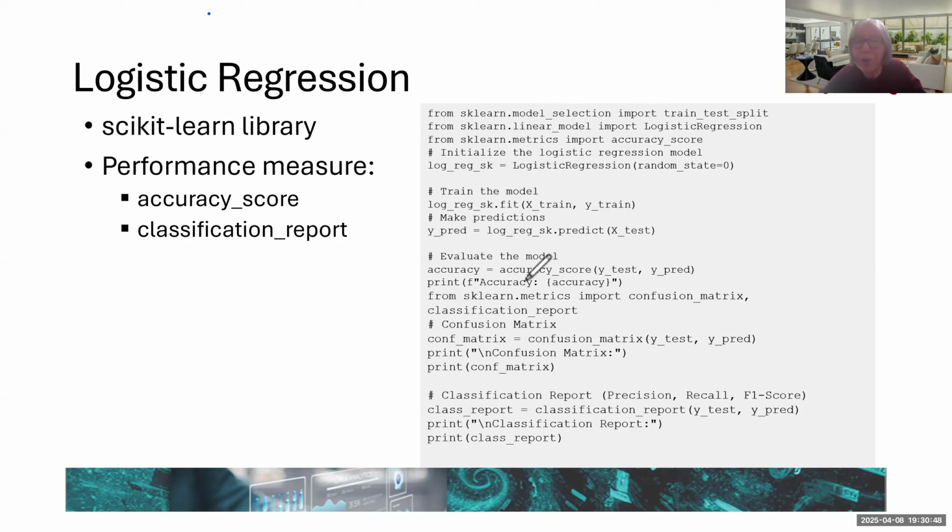In machine learning, there are a couple of different metrics that you can use for performance measuring.